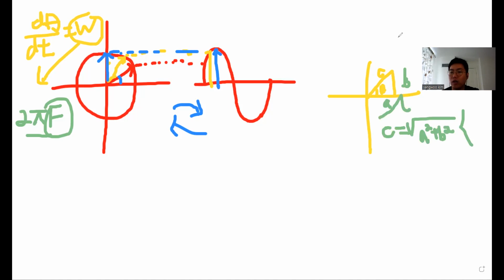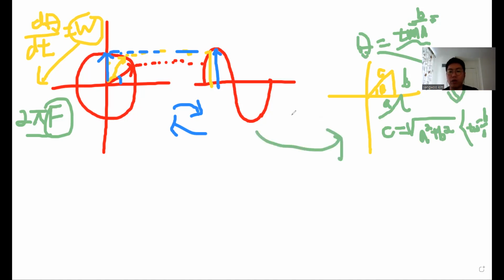Tangent of A to B. But we want to know only theta, so arctangent. This is the angle here. We could explain it this way or this way.